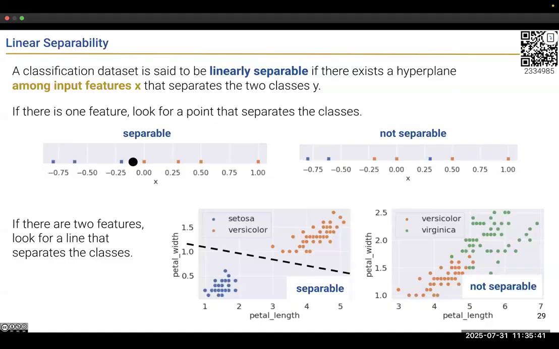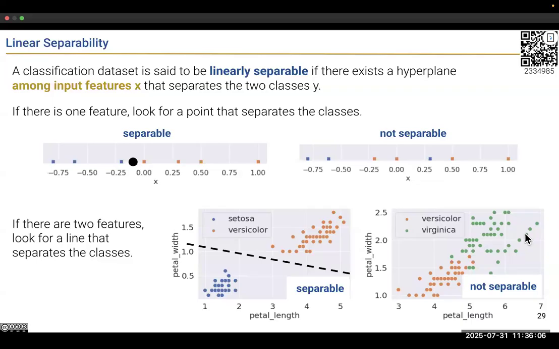What if I have 2 features? Well, for 2 features, I'm going to look for a line that separates my classes. So on the left, there is a line that separates the 2 classes. I believe this is the iris data set from Seaborn. And then on the right, you cannot find a line that separates the 2 classes. In the middle, there are points kind of mixed up.